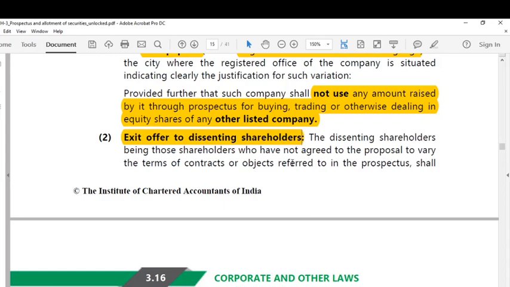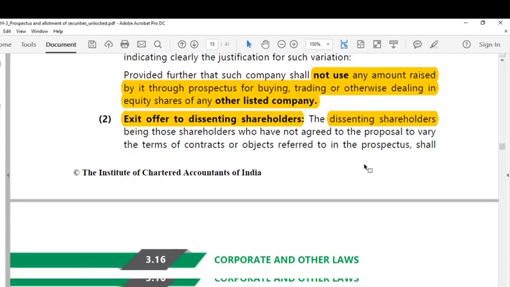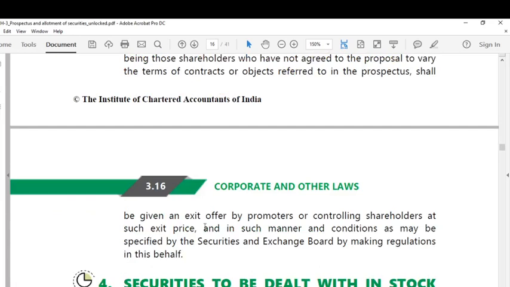In such a case, the dissenting shareholders, meaning the shareholders who are not willing or happy with the change of the objects in the prospectus, shall be given an opportunity to exit. They can be paid whatever amount they contributed to purchase the shares of the company.